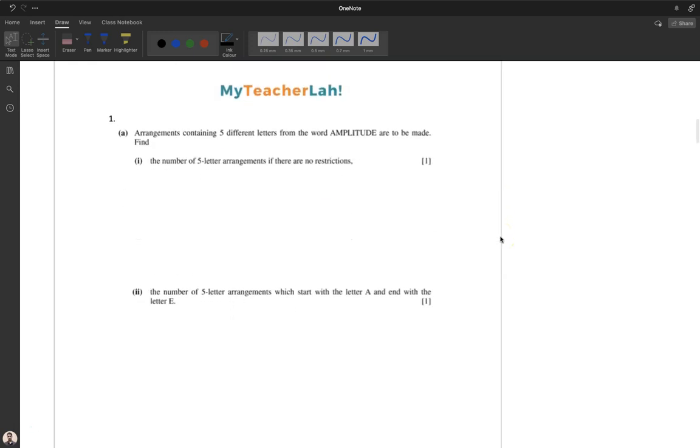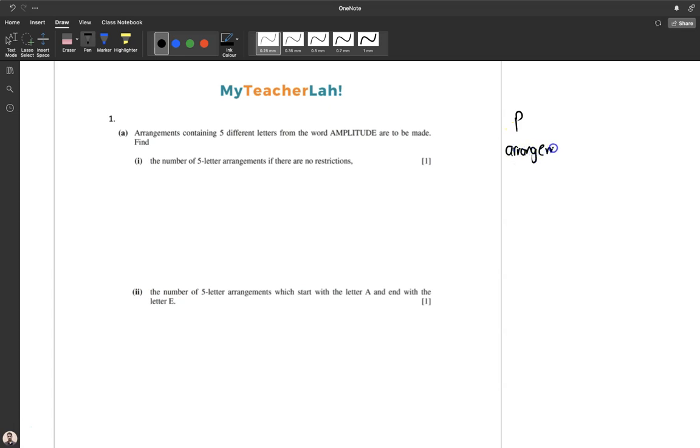Question number 1. Permutations and combinations. The first thing you need to do is know how to differentiate between permutation and combination. In usual cases, permutation will require some sort of arrangement.